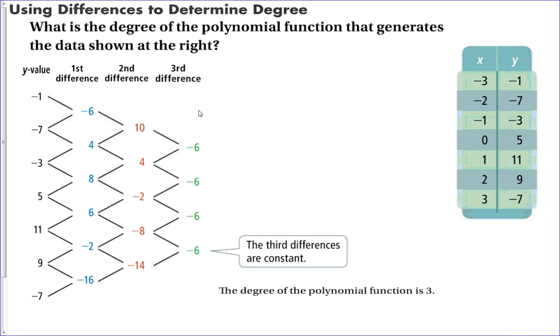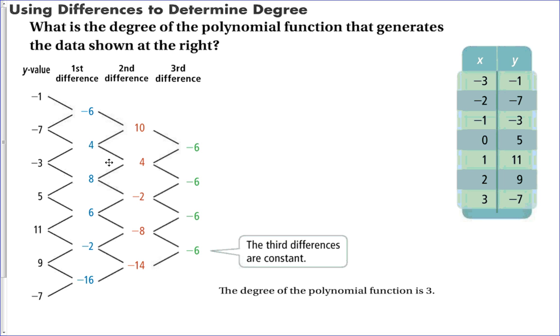If this red row right here had all been the same, say these were all -8s, then this column wouldn't have existed. It would have been a second degree polynomial. If these two columns wouldn't have existed, meaning these two were the same, it would have been a first degree polynomial.